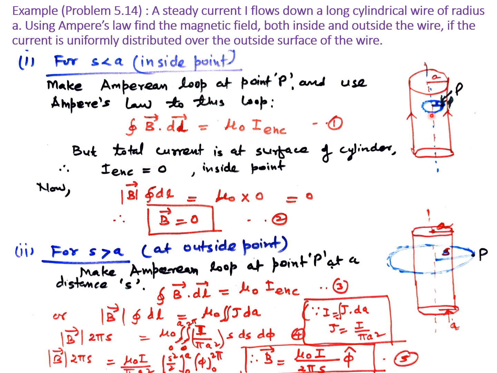In this case the current is on the surface of the current carrying wire. So inside this there is no current, so I enclosed is 0, that's why this whole term will be 0, B dot dl equal to 0, so B equals 0 at an inside point, meaning when s is less than a.